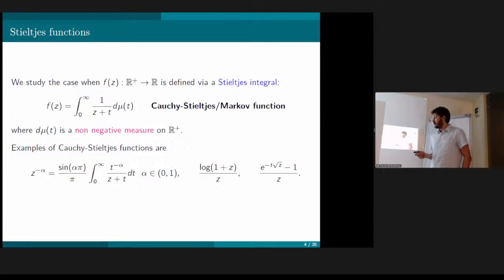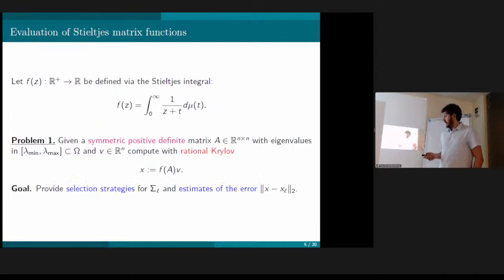And in particular, we do not care about this mu in this talk. So mu can be whatever, because it is an approach that holds for a general element in this class. And yeah, just to wrap up, what we want to do is to compute this via rational Krylov, and we want a strategy for selecting the poles and explicit estimates on this.